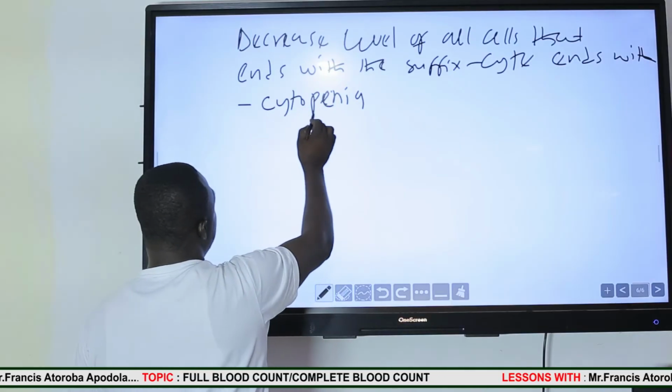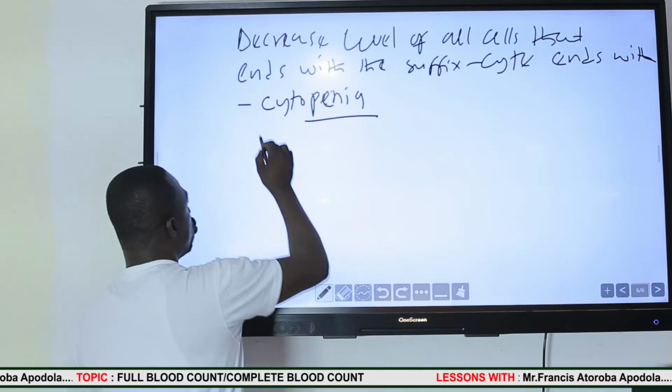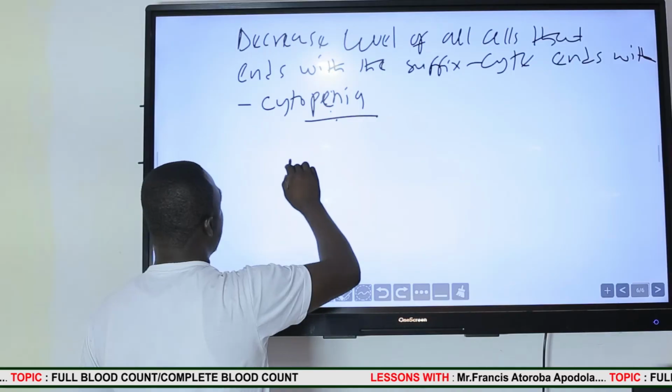So notice the same penia means decrease. So cytopenia means decrease in the cells.